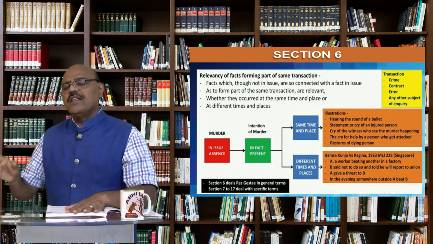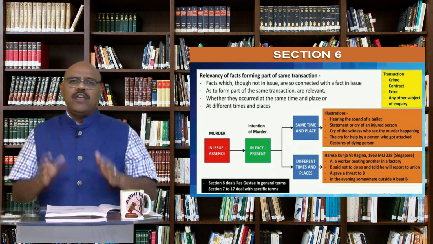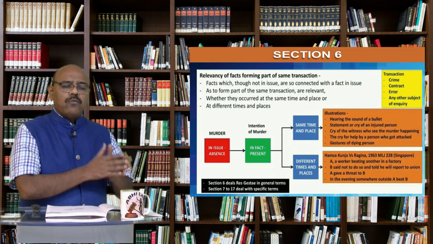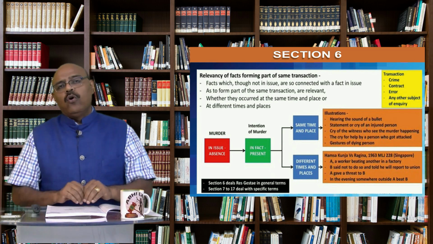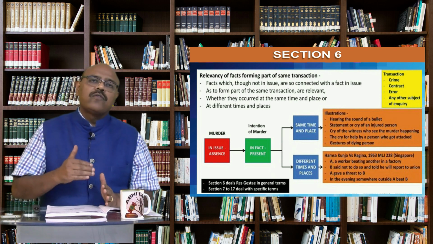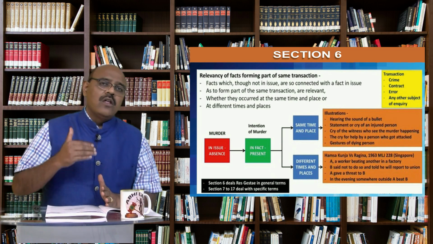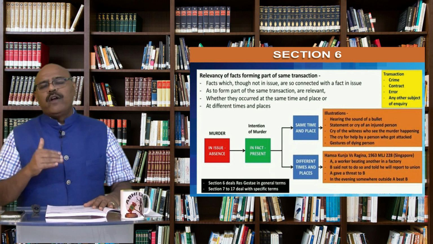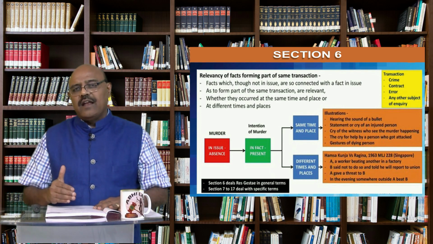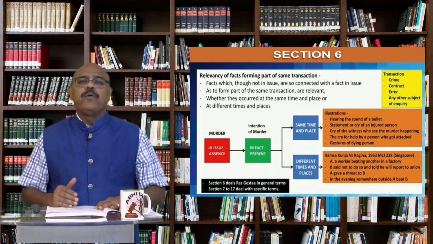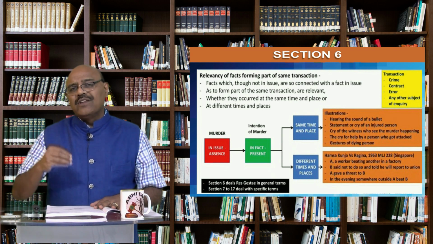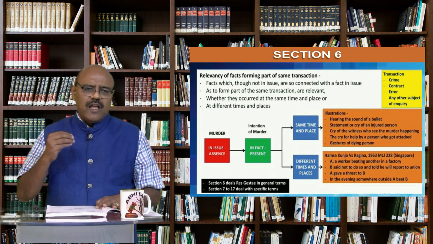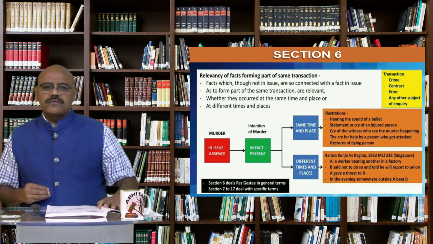It happened at the same time and at the same place. And the wife B goes inside the house and she is dead. So when the case goes on in the court of law, the testimony of X, Y, and Z will be very, very important, because the transaction which they heard was at the same time and same place.